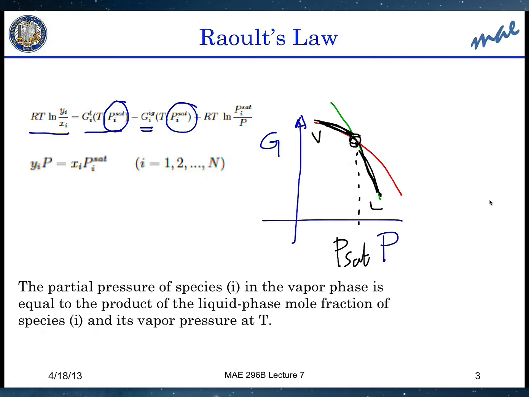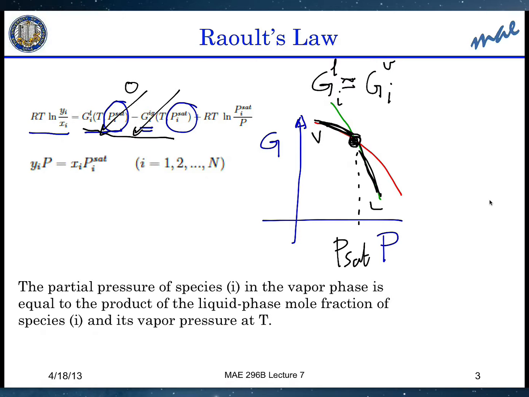And exactly at the transition here, the Gibbs free energy for the liquid is equal to the Gibbs free energy for the vapor phase, and that is for the species. This is exactly what's happening here and therefore we can cancel these two terms together.